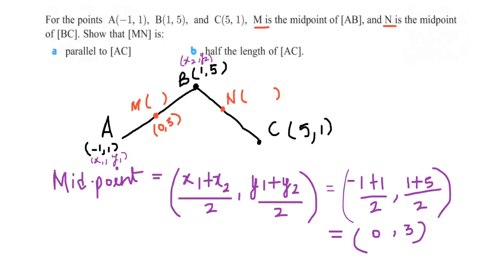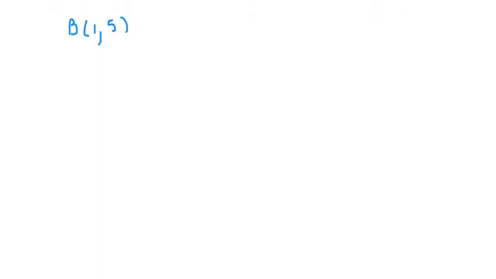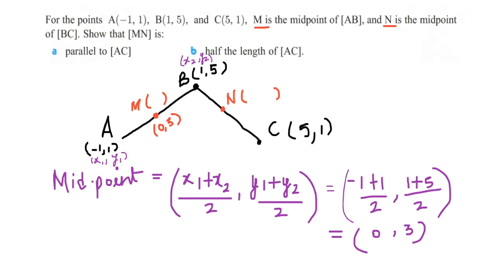Coordinates of B, I have (1, 5). And coordinates of C, we have (5, 1). N is the midpoint of this. We don't know the coordinates, as you can see in the original drawing.